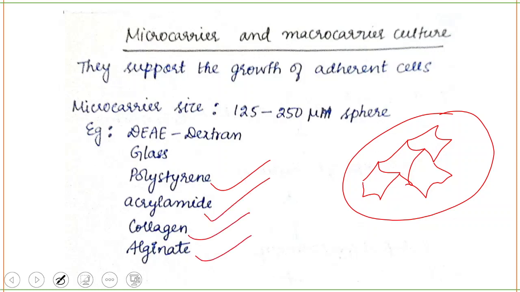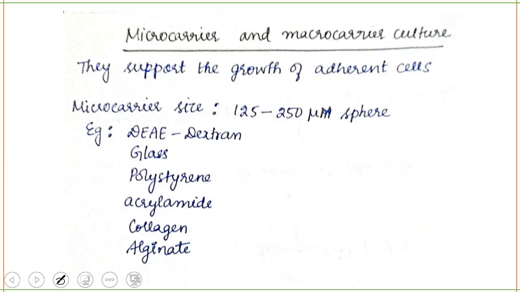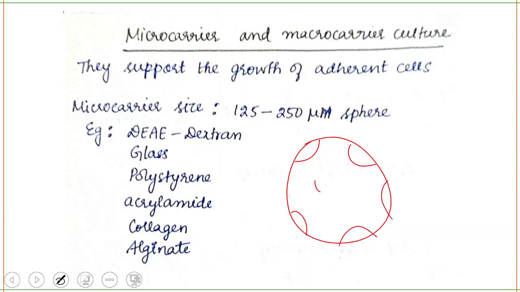One of the most common things among all of these materials is that they have pores. For example, this is your material and it has pores like this on the surface, and the pores have deep canals with connections from one to another.